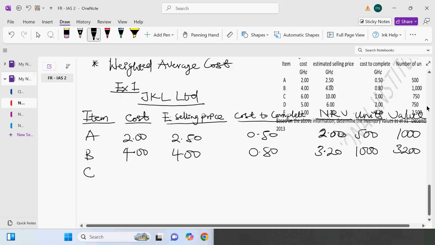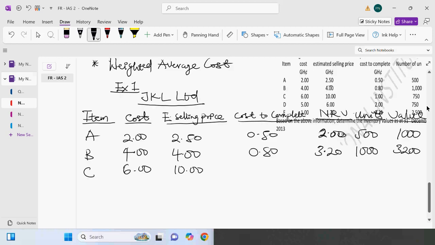Then we have C. C is what? 6.00. And then 10.00. What else? And then 1.00.